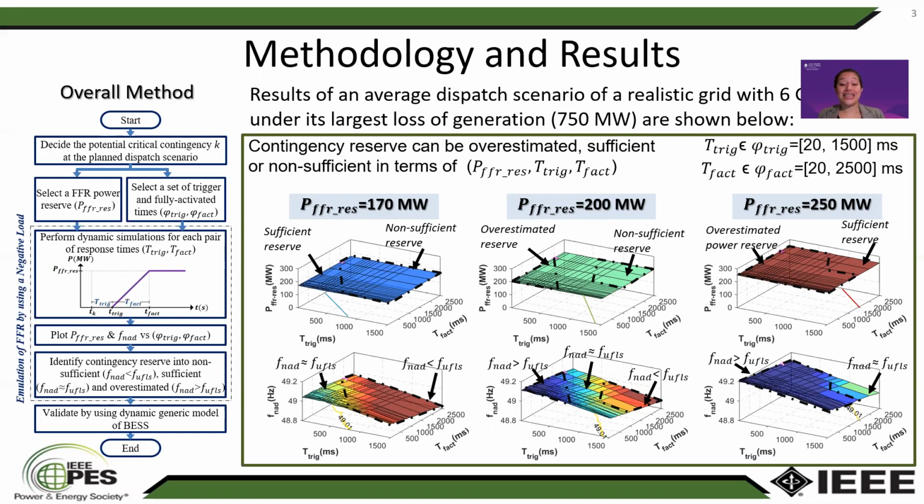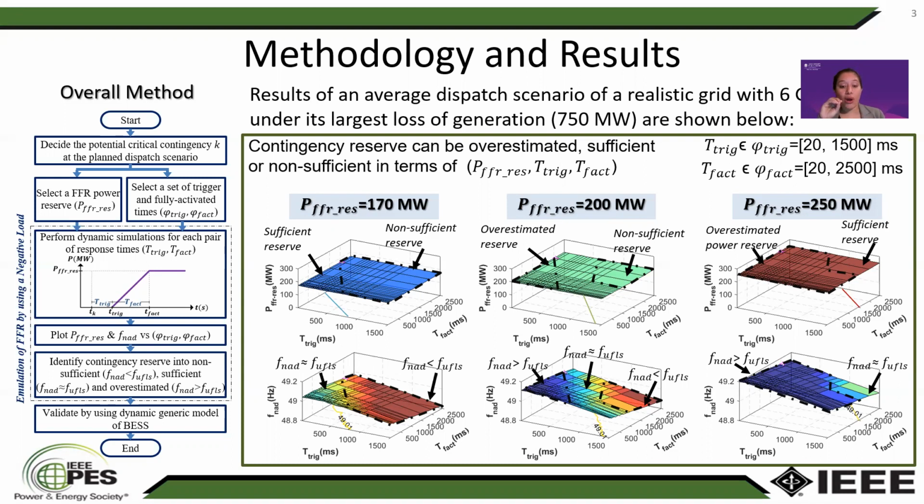So we can see how the frequency nadir is organized, and then the power reserve is also identified in order to have the contingency reserve in three different variables: power reserve, trigger time, and fully activated time.